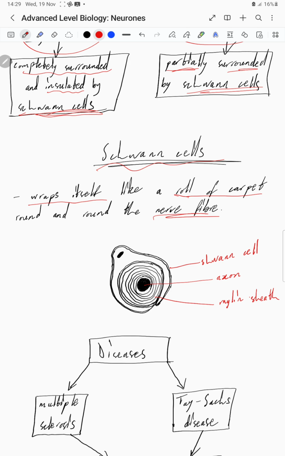So the myelin sheath is the membrane which will be surrounding the axon. And here we have the nucleus of the Schwann cell.